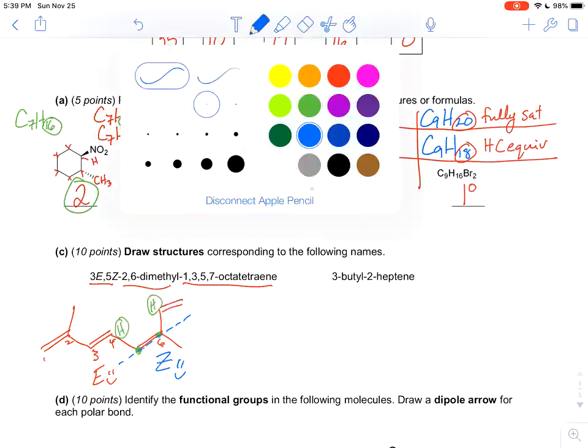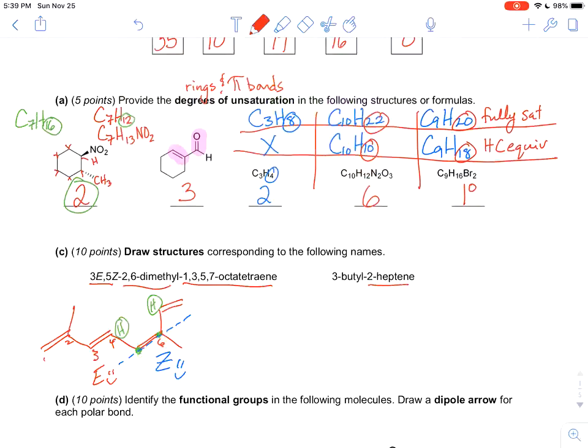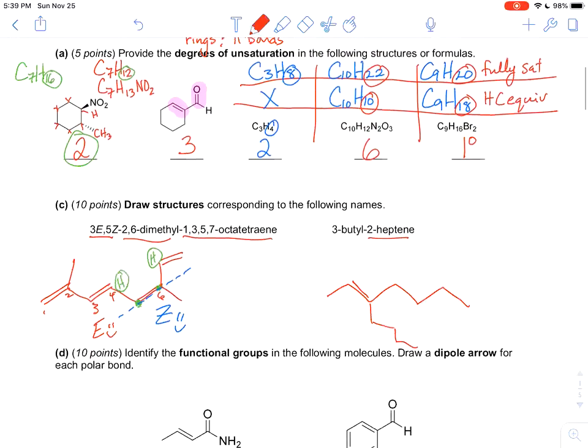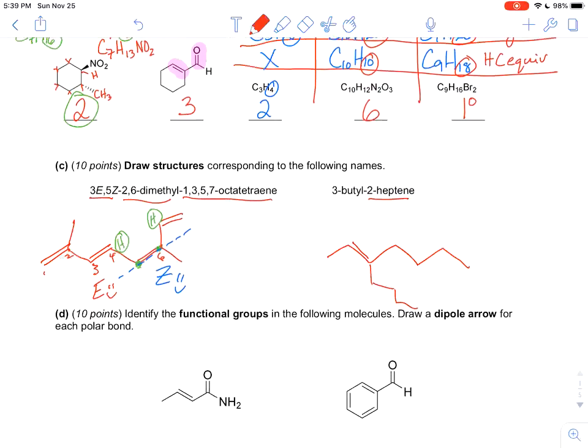The next one, we have a 2-heptene, 1, 2, 3, 4, 5, 6, 7, and the double bond is between 2 and 3, or starting on 2, and then a butyl group on 3. 1, 2, 3, 4. And that'll do it. 3-butyl-2-heptene. There's no need to provide EZ designation because we have 2 of the same butyl groups on that same carbon of the alkene.